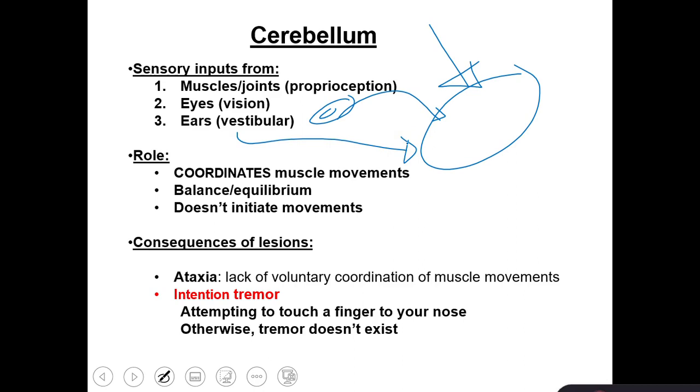Then the cerebral cortex, the precentral gyrus, also sends a signal to the cerebellum about the movement. So we have a copy from the precentral gyrus and we have inputs from the sensory organs. Then the cerebellum will compare the intended movement from the precentral gyrus with the actual one and then correct any error and coordinate.